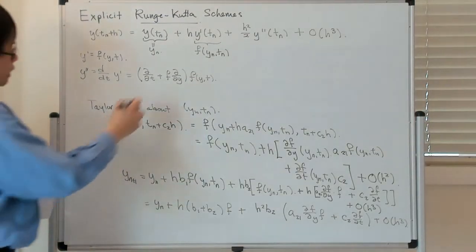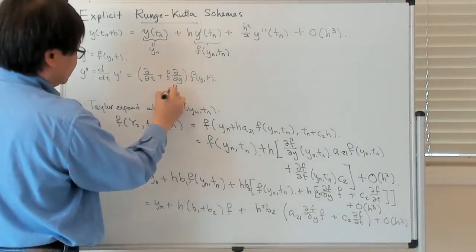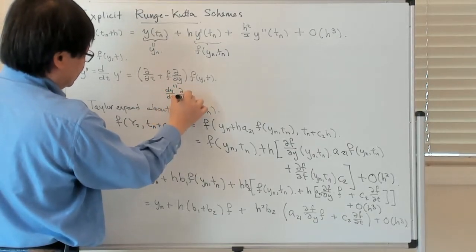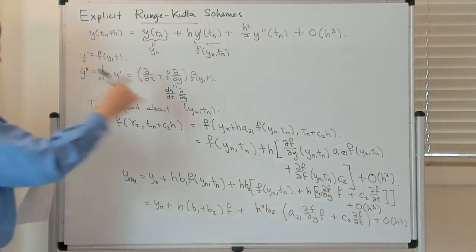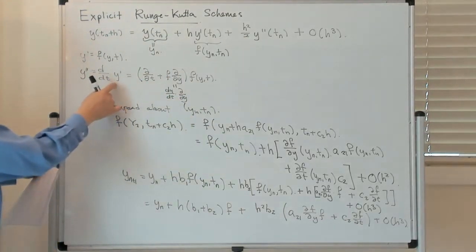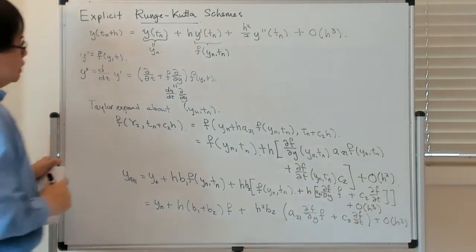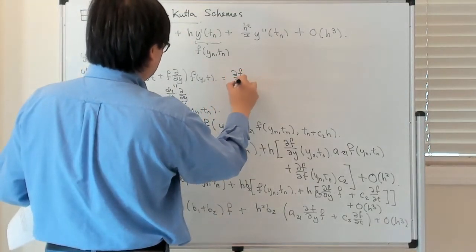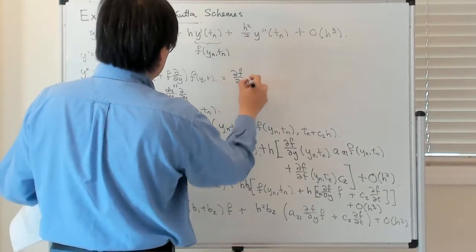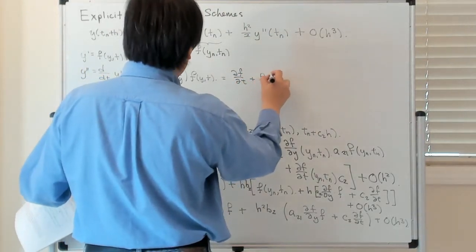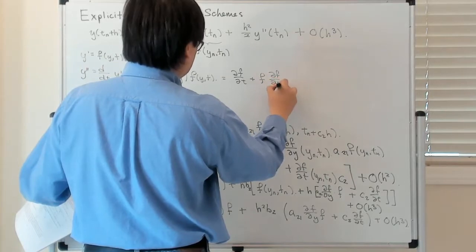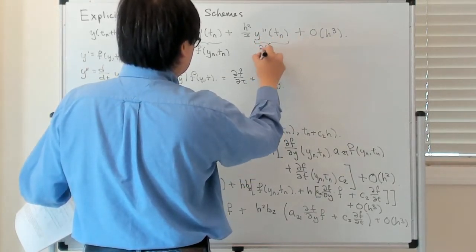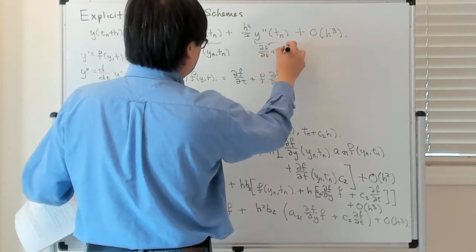That's because dy/dt is f. So when you do this total time derivative, what you get is df/dt plus f times df/dy. So that's the next order term: df/dt plus f df/dy.